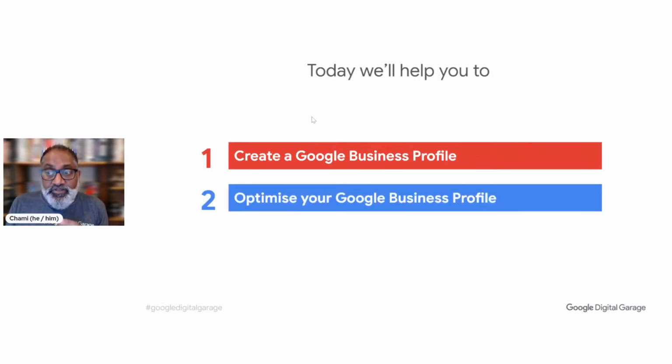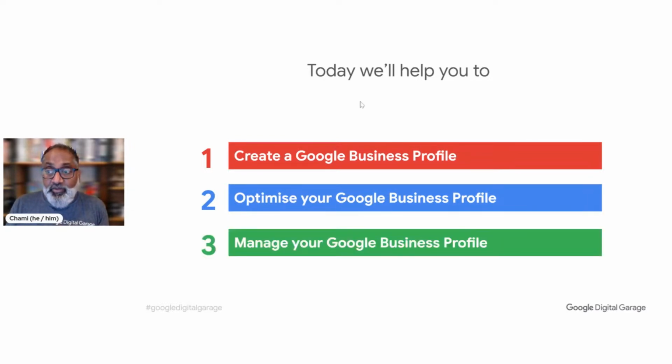Then we're going to talk about optimizing your Google Business Profile, the things that you can do online and the variables available to you to gain that visibility and make it more relatable to your audience that may be finding you on Google Business Profile. And finally, we'll talk about how you can manage your Google Business Profile, the things that you can do to get yourself better noticed by people who are searching for the services and products that you may want to be delivering.